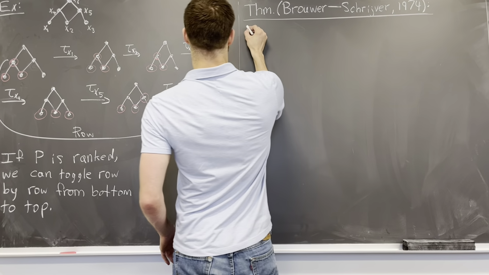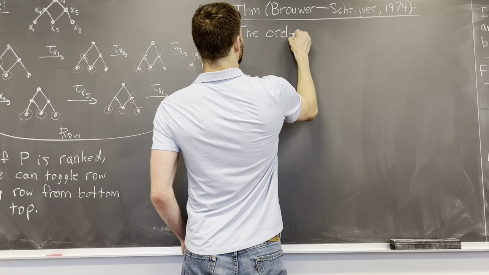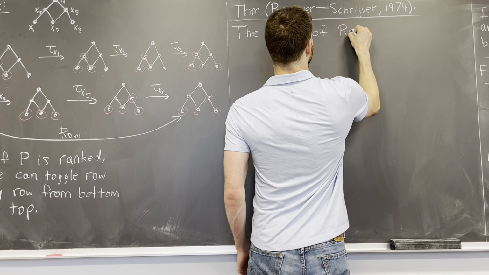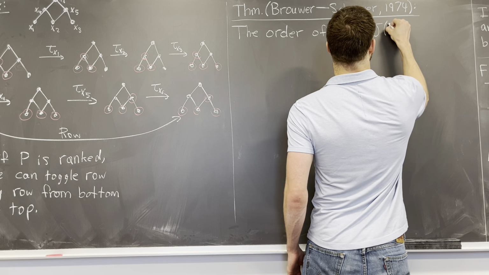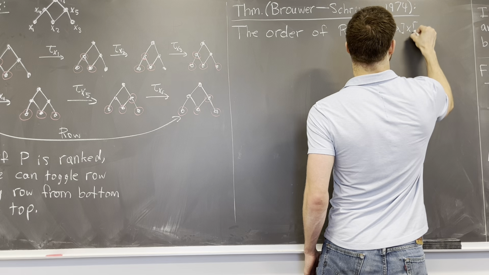They showed that the order of Rowmotion acting on the set of order ideals of a product of two chains. So let me just write this and then I'll define the notation here.